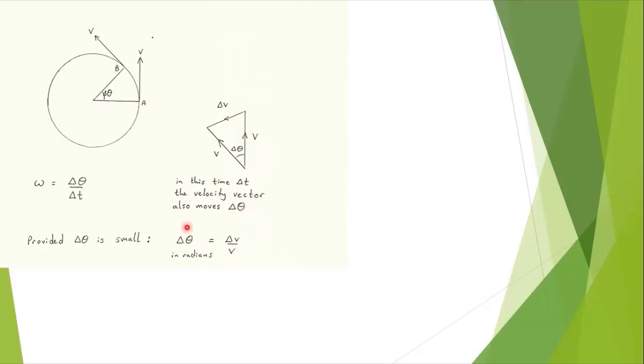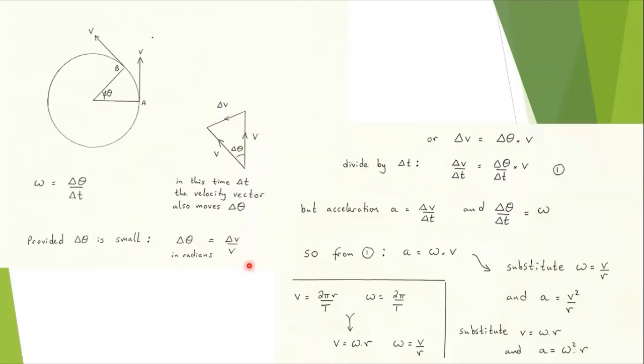And provided delta theta is small, it's approximately an arc over the radius, so it's delta v over v. Delta theta, of course, is in radians. Rearranging this equation, delta v equals delta theta times v. If we divide each term by delta t, then we get this, which I've called equation 1.